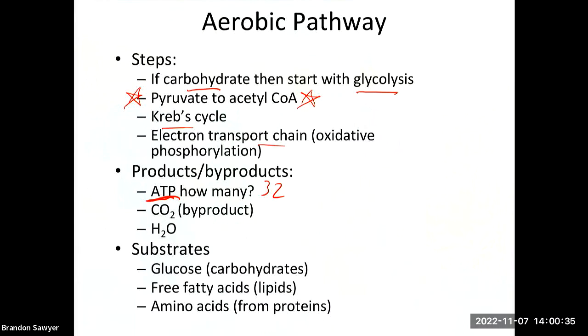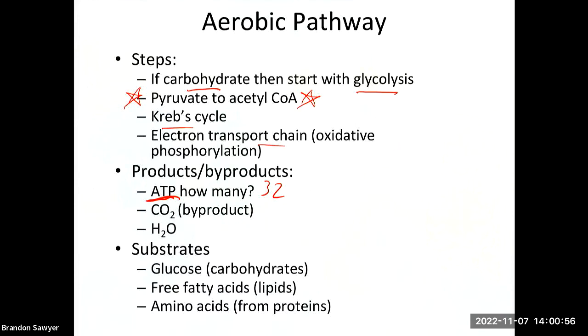And a lot of that has to do with just kind of how efficient human cells are, and it's probably lower than that. And so we're just kind of choosing a number to go with for this that comes from the latest stuff that I've seen, which is 32, and we'll talk about that a little bit more. So if you had a different number from another class, just go with this one for this class.